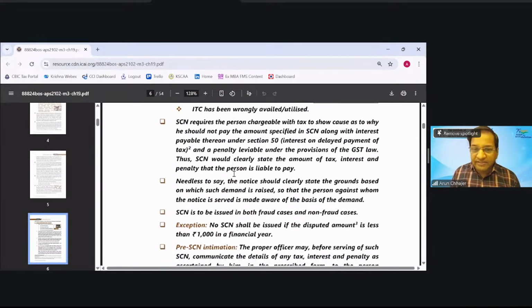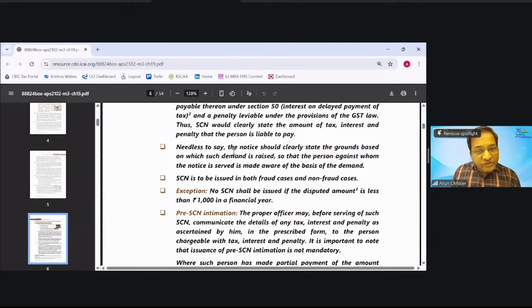The SCN, as we have discussed, and penalty leviable under the provision of the GST law. The SCN would clearly state the amount of tax, interest, penalty that the person is liable to pay. Needless to say, the notice should clearly state the ground based on which such demand is raised, so that the person against whom the notice is served is made aware of the basis of the demand.